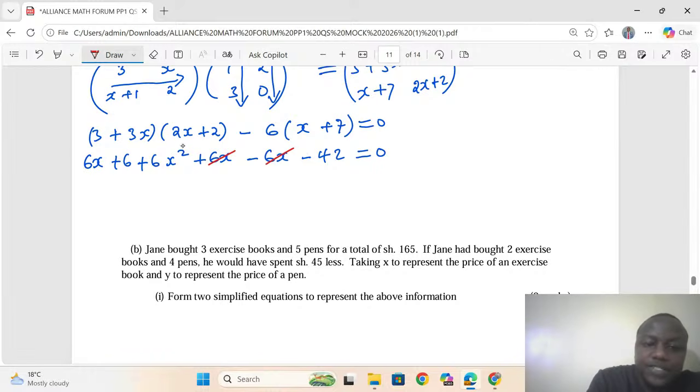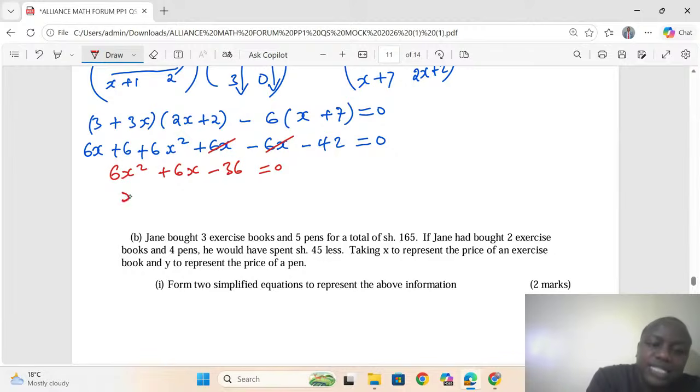This is 6x squared. Then for x, we are only having 6x. Then we have 6 and negative 42. 6 minus 42 becomes negative 36 equals 0. I hope those terms have properly been grouped together. Please check and confirm.